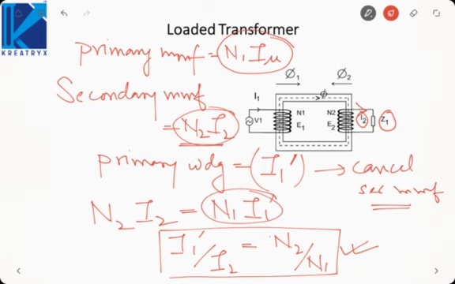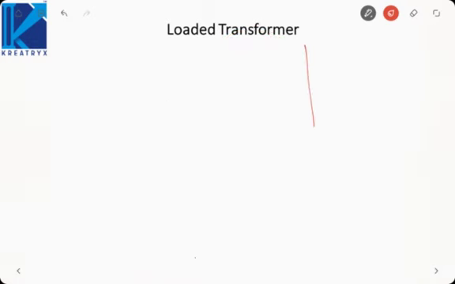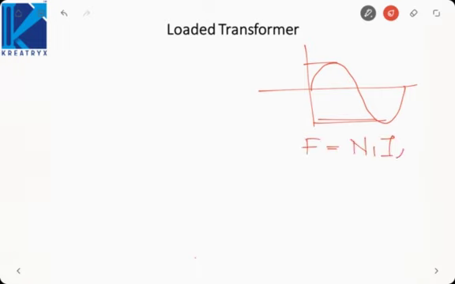Okay. By constant flux device, do not confuse that the flux is constant actually. The magnitude or the amplitude of the flux will be constant. Flux will be sinusoidal but its amplitude will be constant. Why is it constant? Because net MMF is N1 I mu plus N1 I1 dash minus N2 I2.